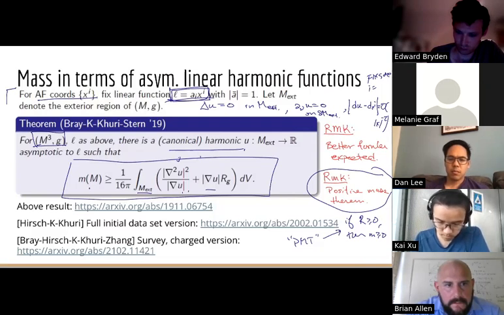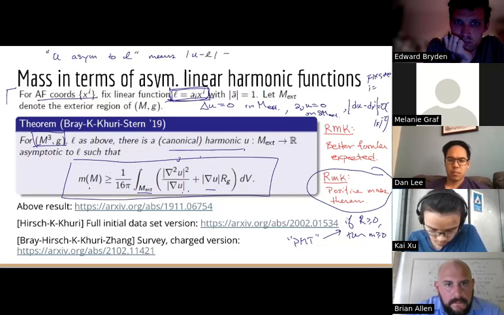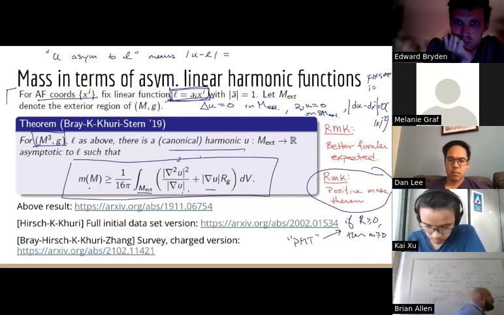And u asymptotic to L means that u minus L, as you travel out into the end of the R3, the chart at infinity, is big O, including up to 2 derivatives, of norm of x to the 1 minus tau.